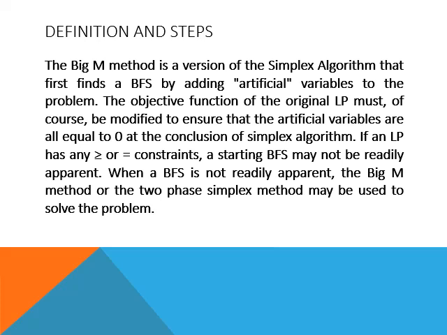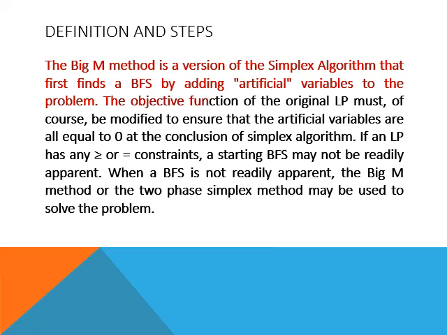Definition and steps of big M method. The big M method is a version of simplex algorithm that first finds a basic feasible solution by adding artificial variables to the problem.